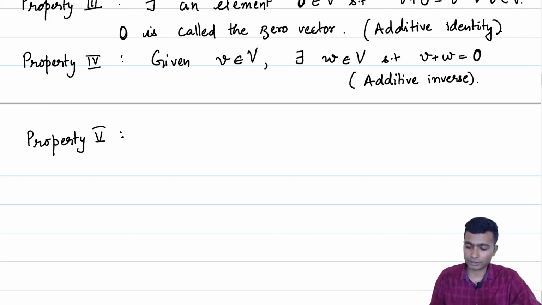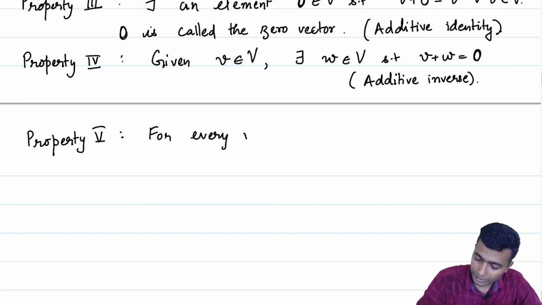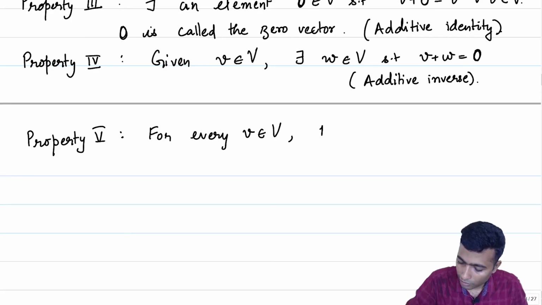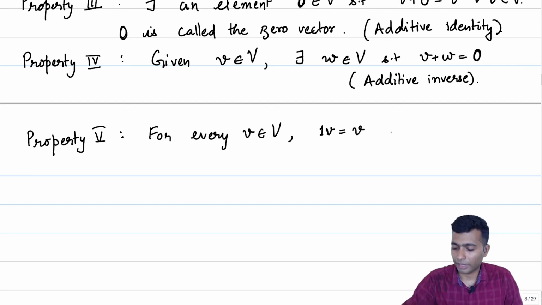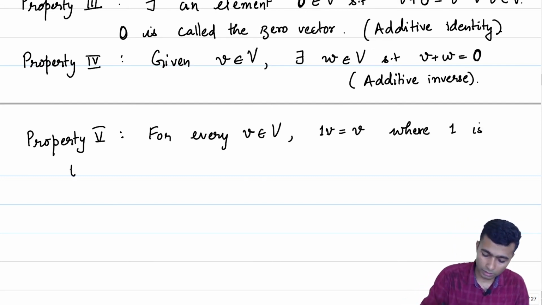The first one is the existence of a multiplicative identity. For every element v in capital V, 1 times v is equal to v, where 1 is the scalar multiplicative identity.